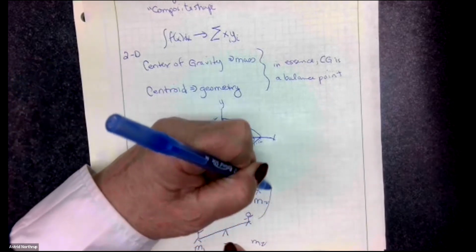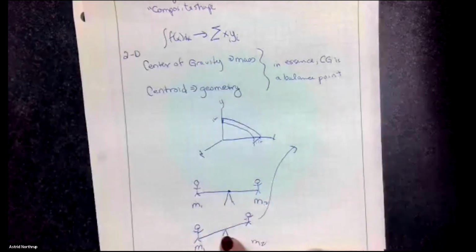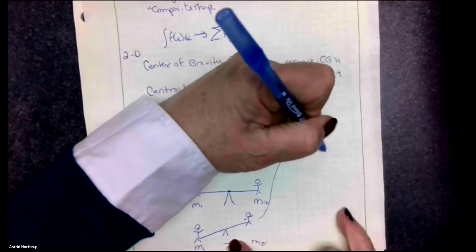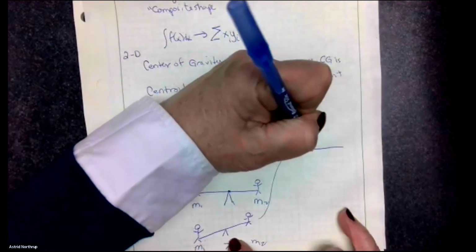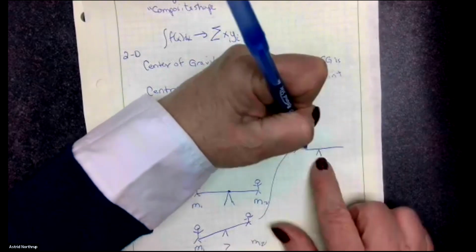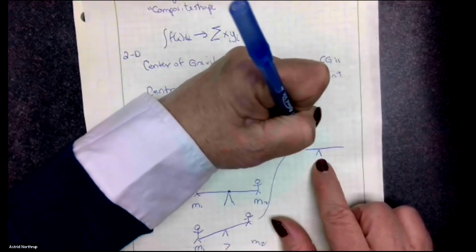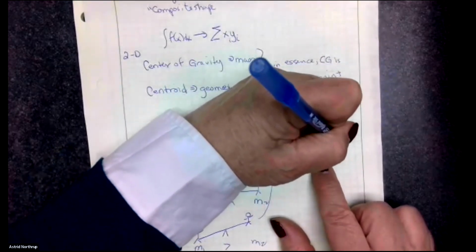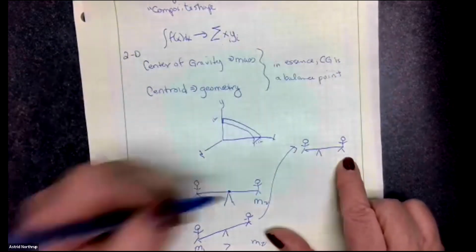Now, there's a couple of different ways that we can reorient that balance point. One would be to slide the teeter-totter over so that this larger child is closer to the balance point than the lighter child.